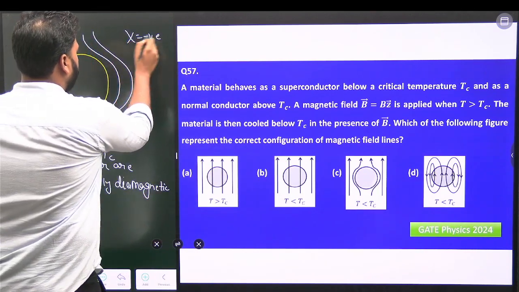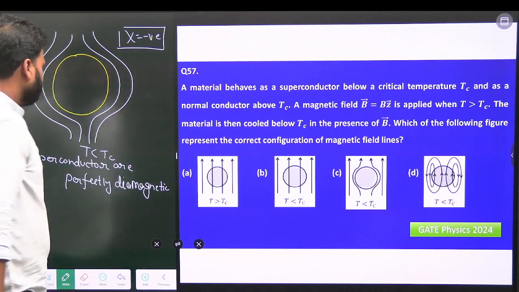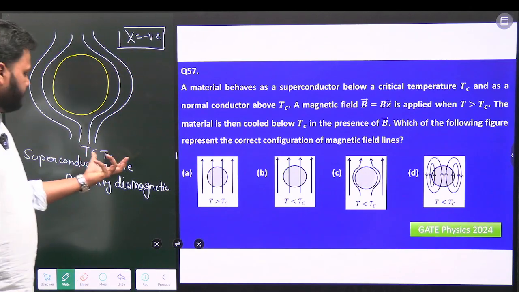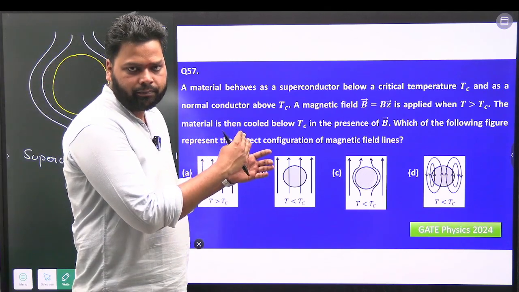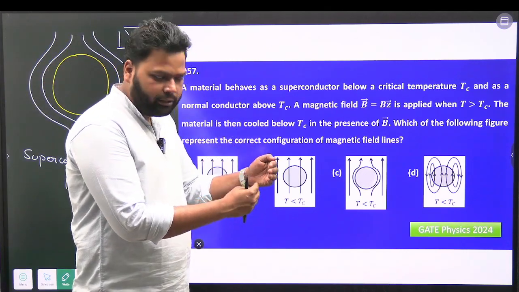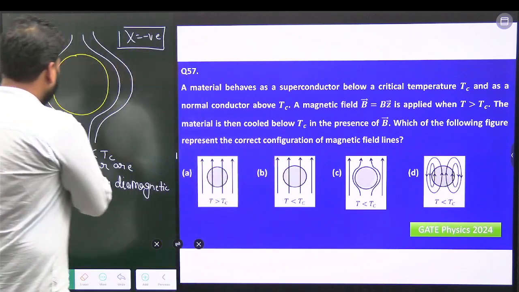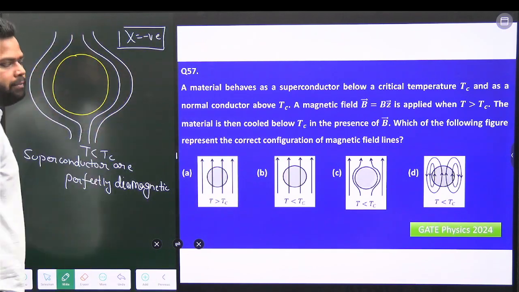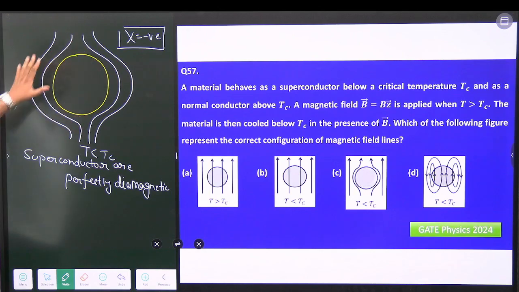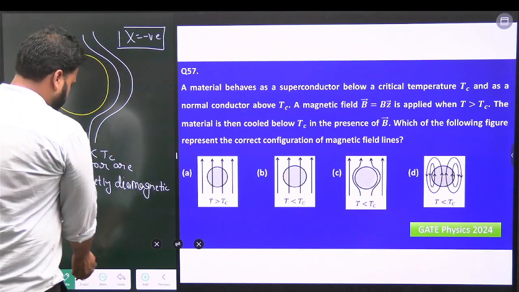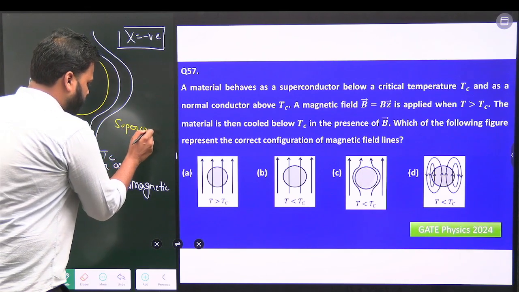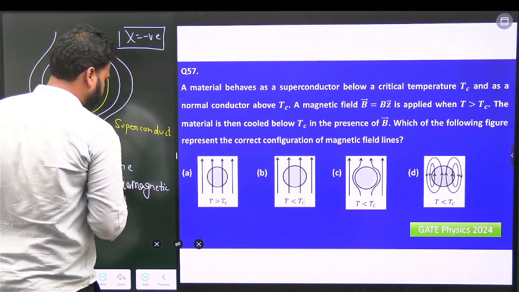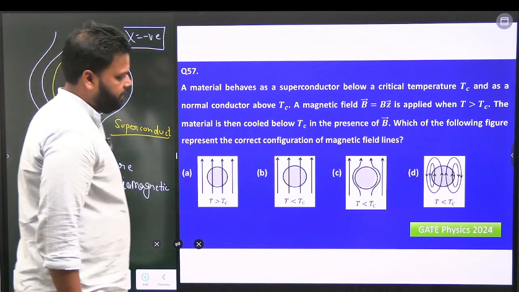Both properties are seen in superconductors. At a temperature greater than the critical temperature, all the field lines cross through the material, but below the critical temperature, the field lines are perfectly expelled by the material, and now this specimen has been converted into a superconductor. So this is the Meissner effect.